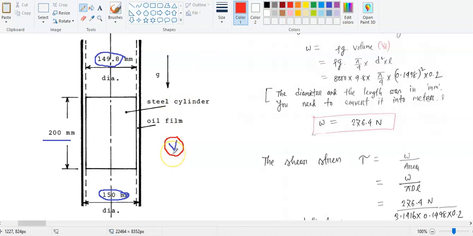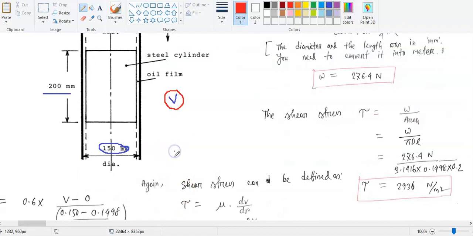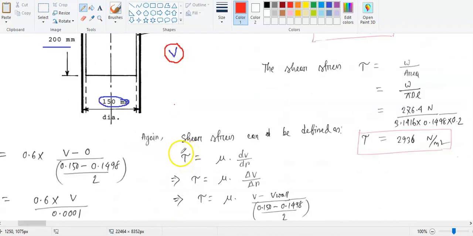We need to calculate the velocity, and we know shear stress is a function of velocity. You see here, this is tau, the Greek symbol tau. We can define the shear stress as tau equals mu, the dynamic viscosity, times dv over dr. This is the change of velocity, and this is the change of the diameter. r is the diameter, v is the velocity.